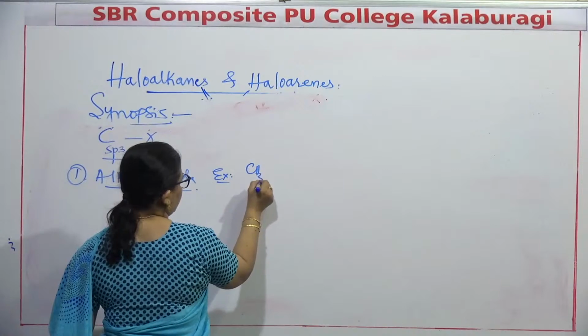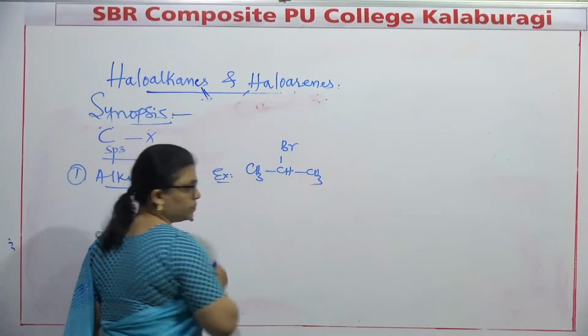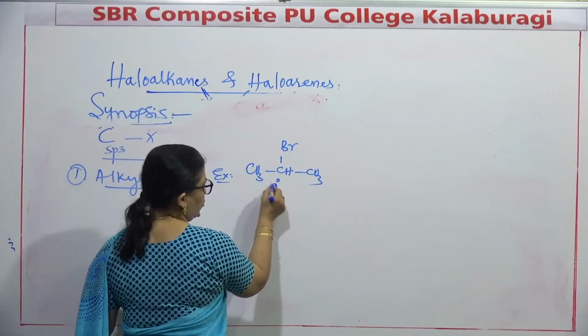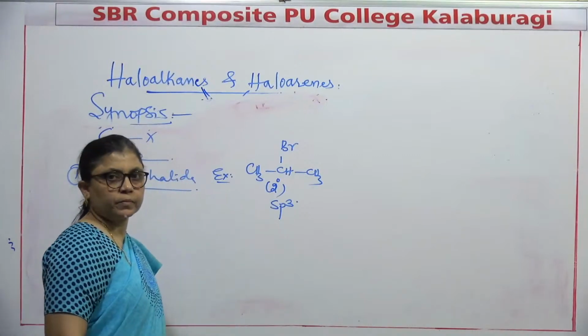CH3, CH, Br, CH3. This is secondary, and this is sp3 hybridized also. Correct?